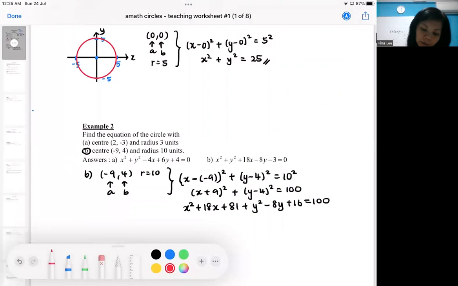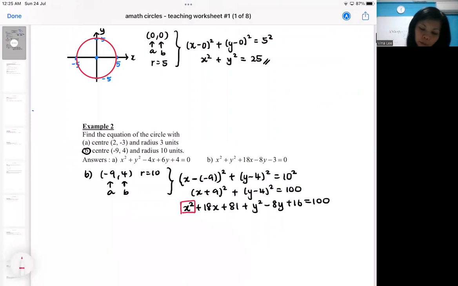When we bring everything over, you group the squares together, you group the x and y together, and you group all the numbers together. So you punch calculator. You also bring over the 100.